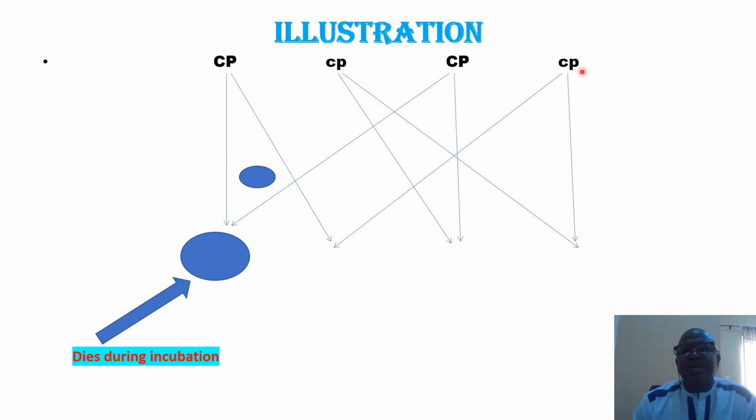These are the F1 gametes, and when you mate them, the dominant homozygote dies during incubation, within 3 to 4 days of incubation. And then what you end up having is a phenotypic ratio of 2:1. The heterozygotes survive, and likewise also the recessive homozygote.